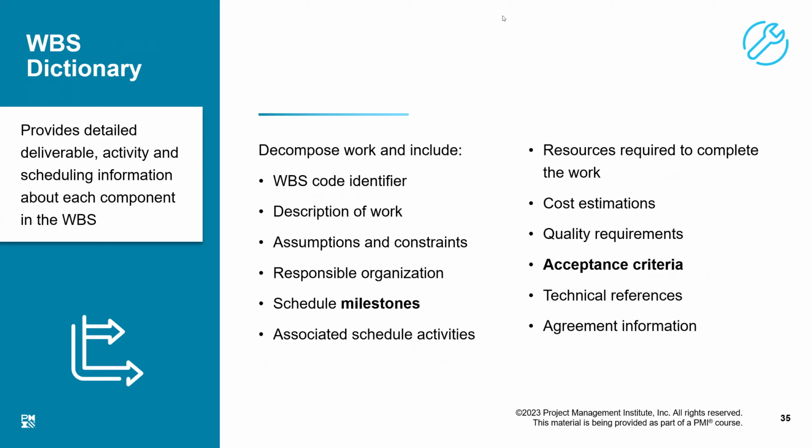You could do the cost estimation, create a column and fill it later, quality requirements relevant to that work package, acceptance criteria of that work package, technical references, if you can provide that this technical document is annexed, or any agreement information with the contract with a customer.